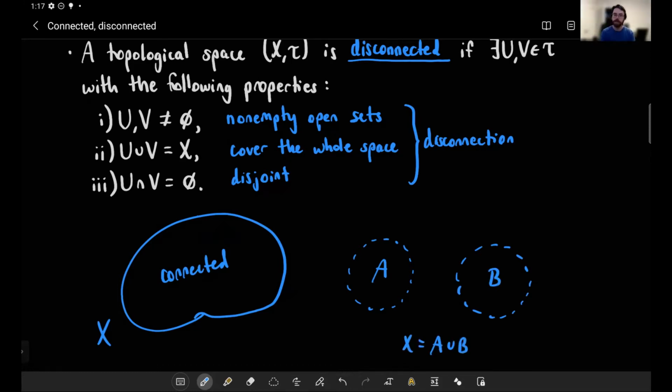That is disconnected because, I guess I could have called them U and V rather, lo and behold, you have two open sets U and V that are disjoint from one another, their union is everything, and they're not empty. So it means what you think it should mean. Disconnected means two separate blobs, or at least two, whereas connected means one cohesive thing. Great.